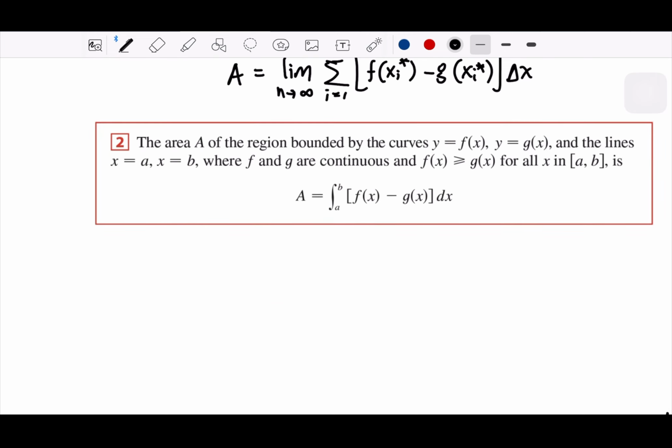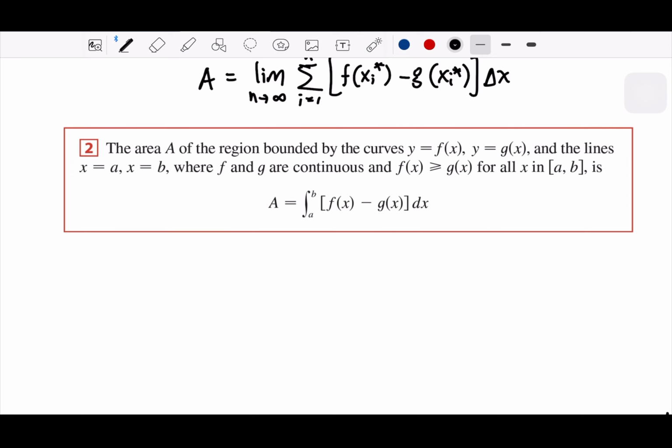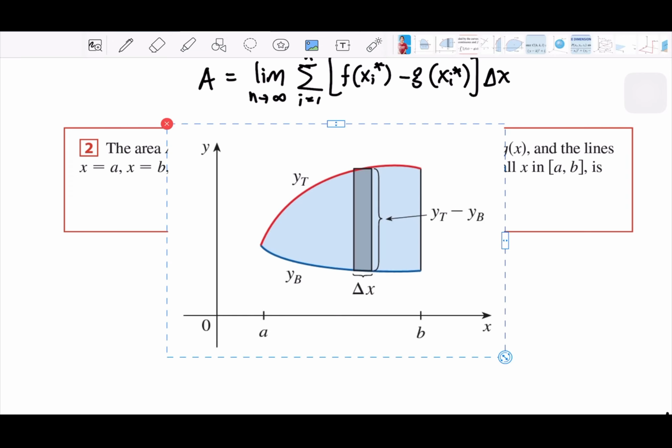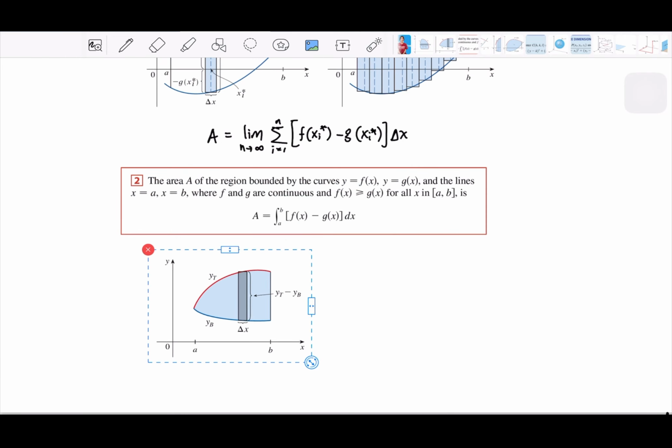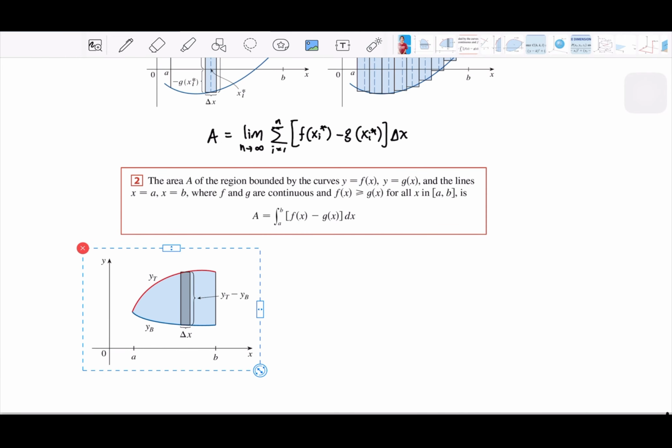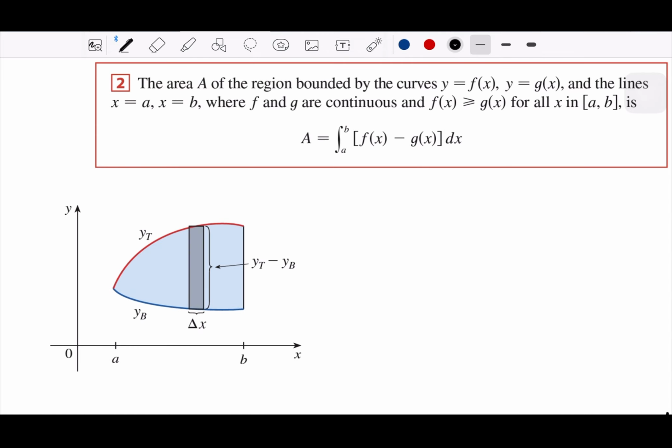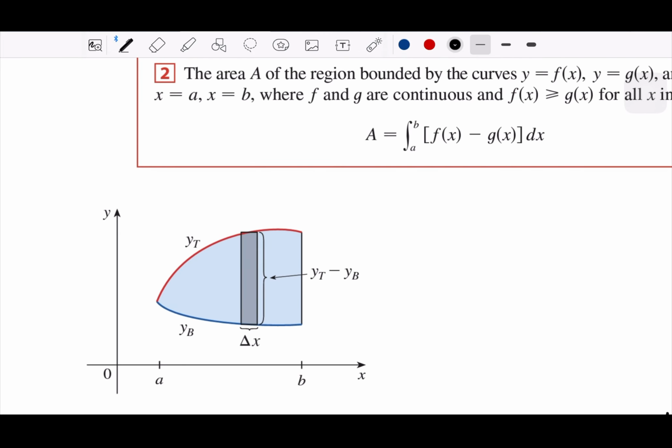Okay, we could also imagine this structure, or we could imagine this other structure.